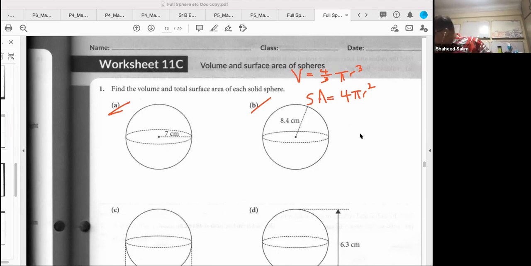Can? It's quite easy. You just use a formula. Very straightforward. Okay, correct, Shafi.